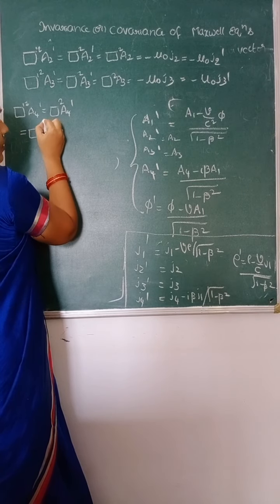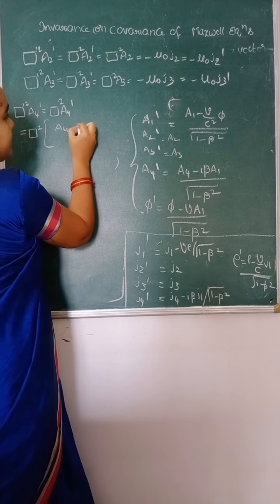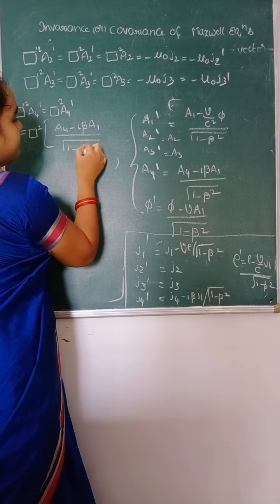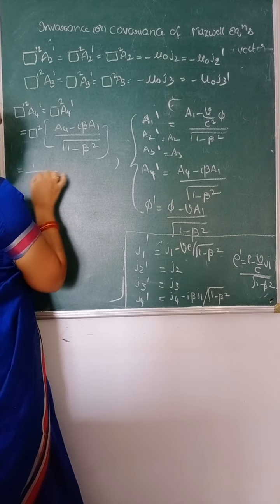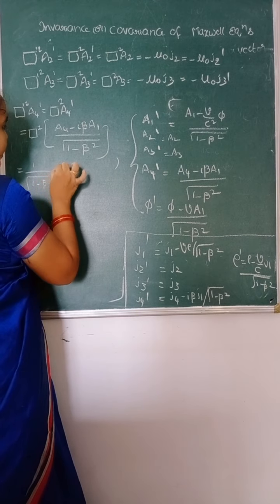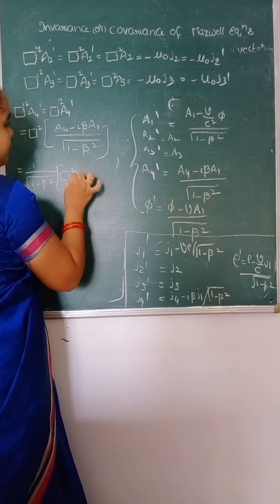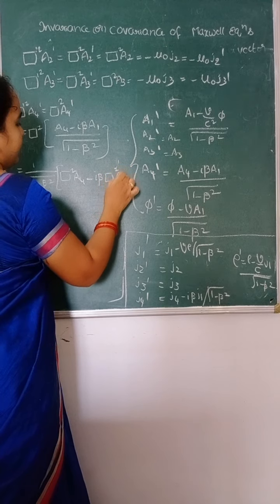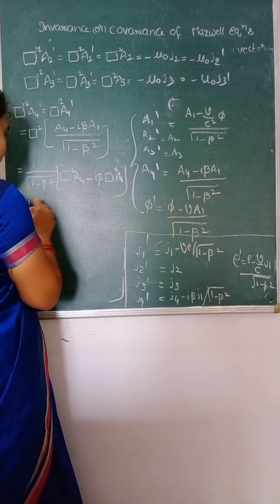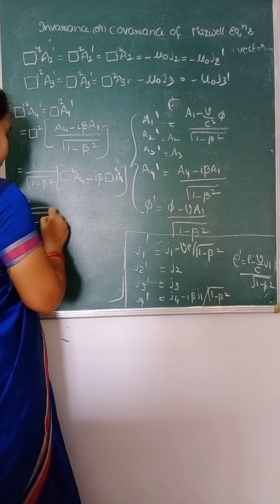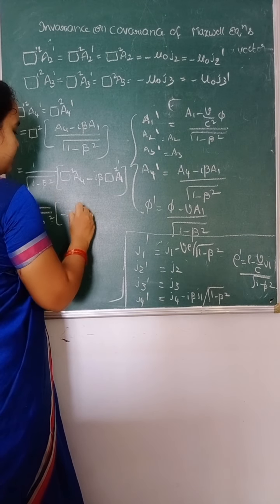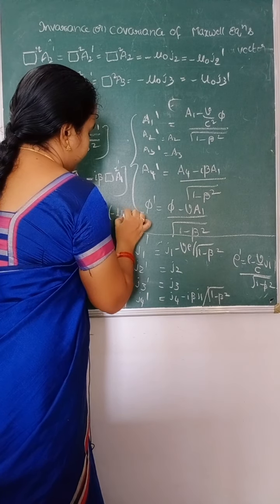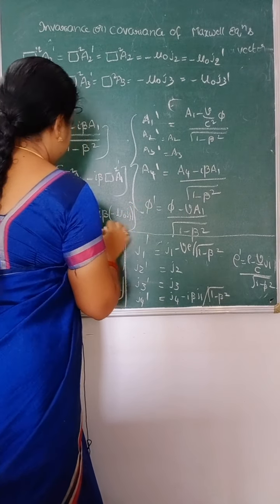Del square a4 dash is a4 minus I beta of a1, by root of 1 minus beta square. This is 1 by root of 1 minus beta square, del square a4 minus I beta into del square a1. What is del square a4? Minus mu naught into j4, minus I beta gamma into del square a1, which is minus mu naught into j1.